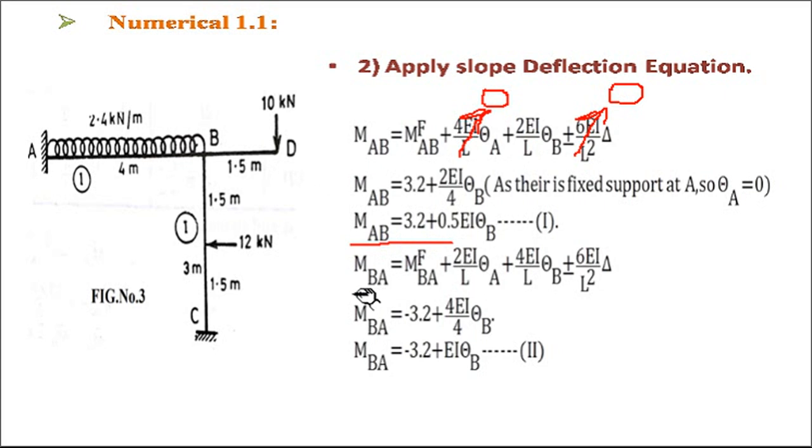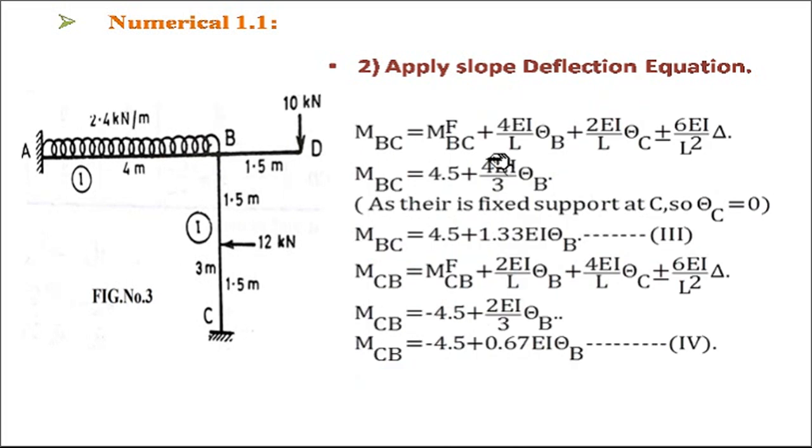Again apply the slope and deflection equation for member BA. This is the equation. Again here theta A is equal to 0, delta is equal to 0, and we'll get the moment equation for member BA. Now we'll apply the slope and deflection equation for member BC.